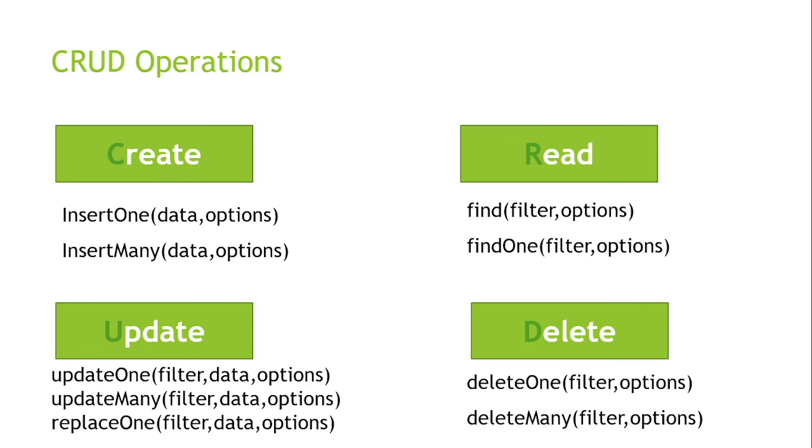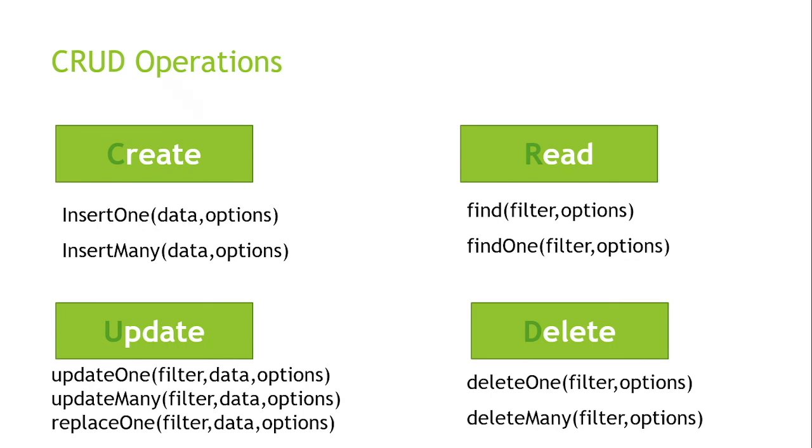We will also see the update operations in action in the later videos. Also the last operation is delete, which we use for deleting elements or documents. For that we use these methods, which are deleteOne. It also accepts a filter, according to which condition you want to delete a document.